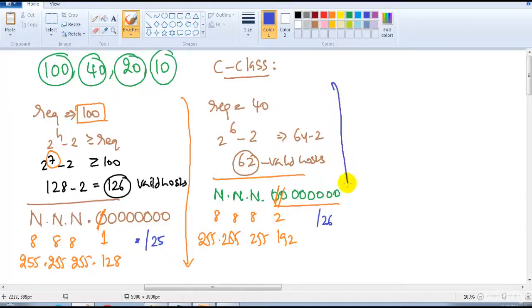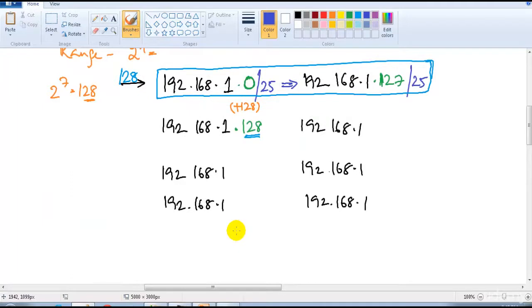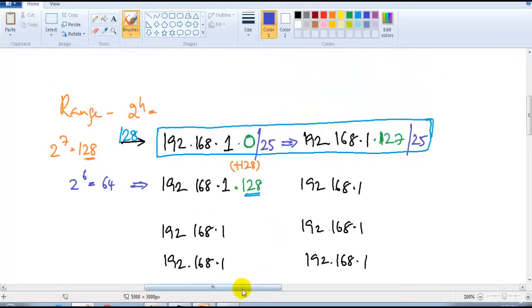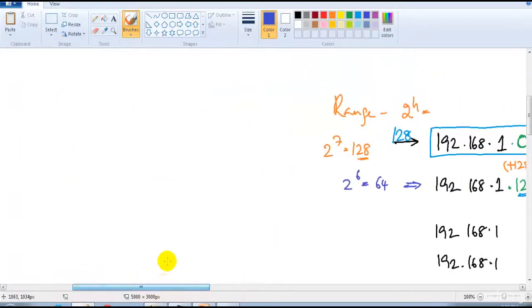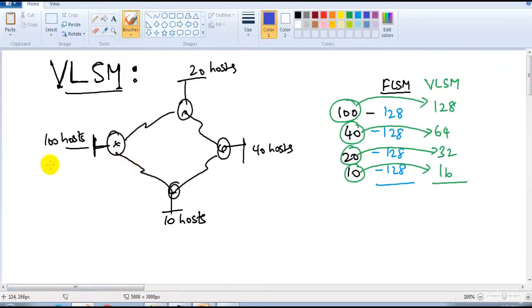Now the calculation up to here is going to be the same as we did in FLSM, but when it comes to the range, it is always written based on 2 to the power of h value. Right now, what is my requirement for the size of the network? 64 is the size. So whatever addresses are divided, here you can see 0 to 127, I'm going to allocate the addresses 0 to 127 with slash value of 25 for this department.